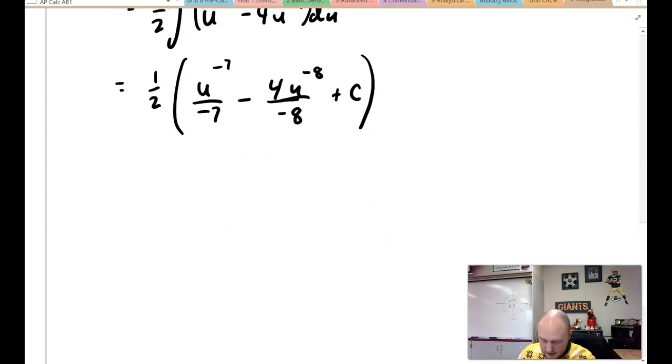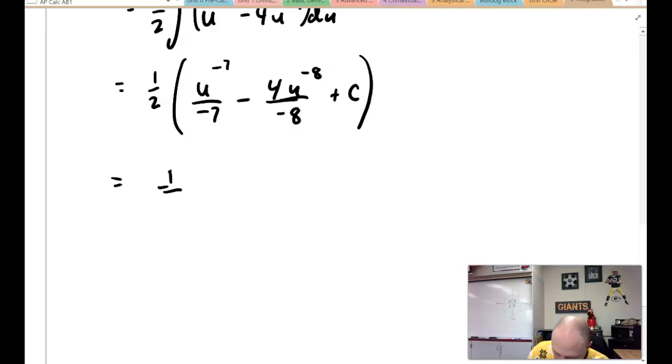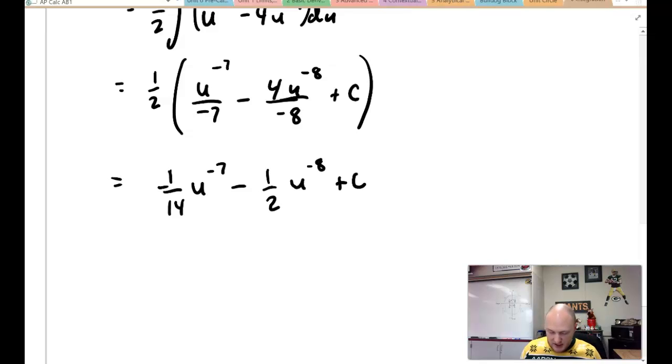Okay, so let me clean this up. So this is negative 1/14 u to the power of negative 7 minus 1/2 u to the power of negative 8 plus c. And then we'll substitute back for what u was.